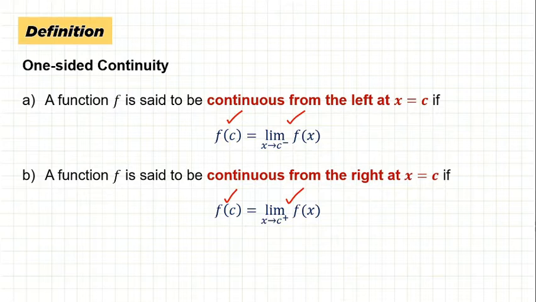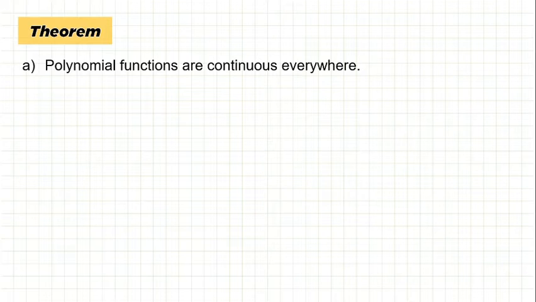Okay? Now, we have the following theorems that will help us determine whether a function is continuous or not on a given interval. First, we have all polynomial functions are continuous everywhere. So therefore, a polynomial function is continuous everywhere.